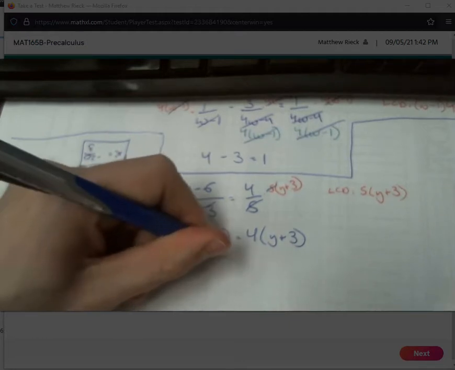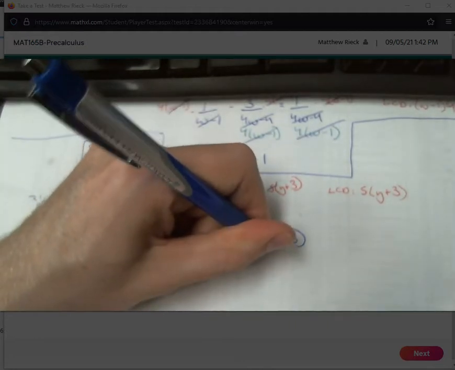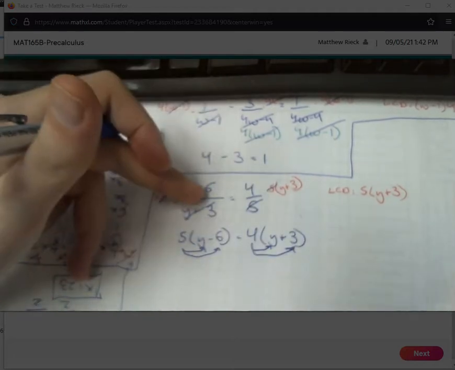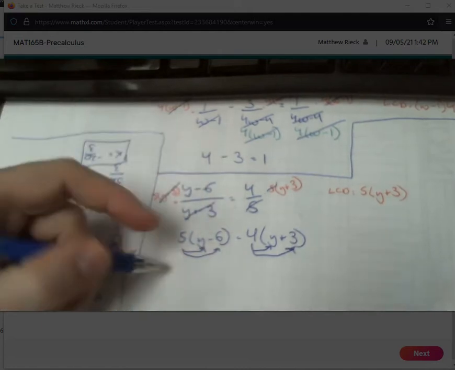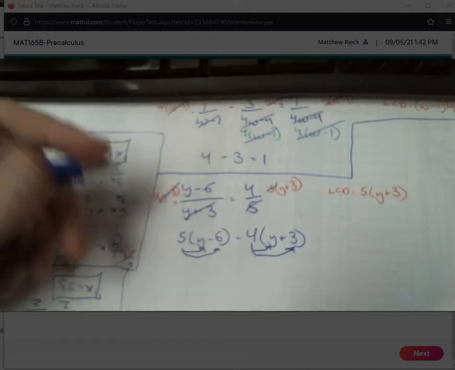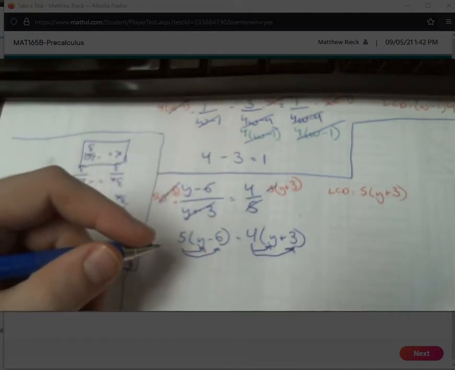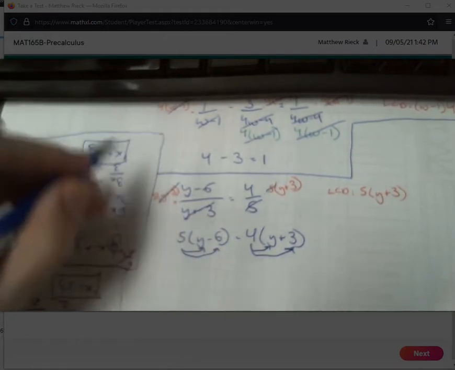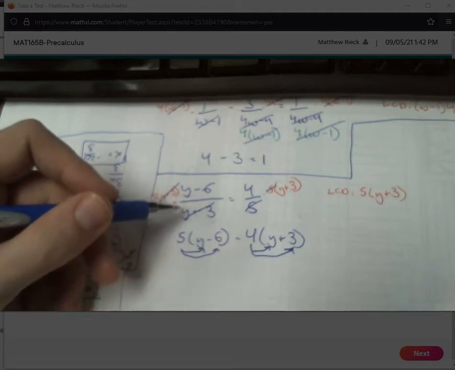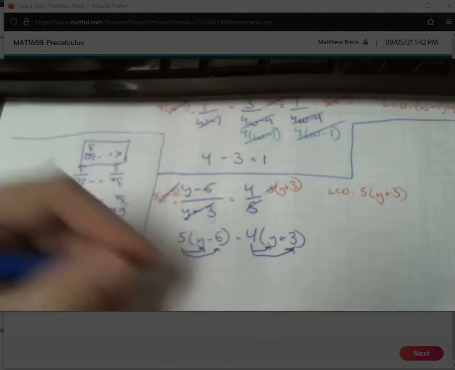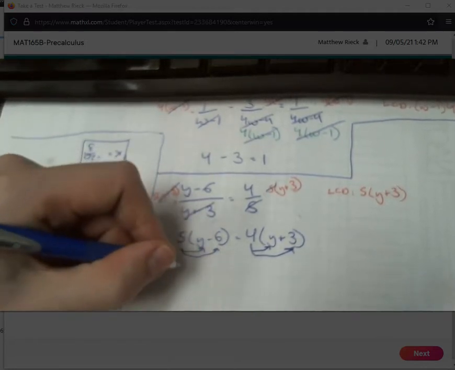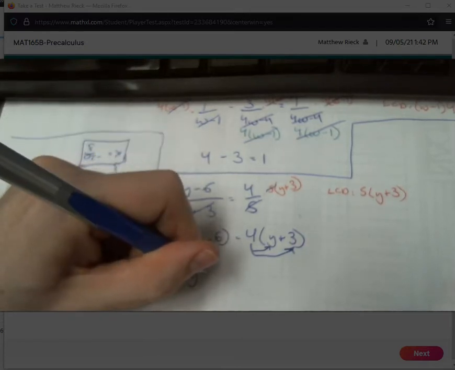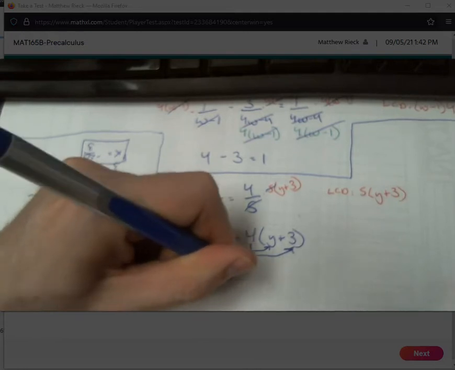One of the main tools that we have in mathematics is the ability to sometimes break down a complicated problem into a problem that we know how to solve, or that we have the tools to solve. That is one of the tools that we're using here. We have this rational equation that we don't quite have the exact tools to solve right from the get-go, and we're converting this to a linear equation, which we do know how to solve. That's a common way to solve many different types of problems in mathematics.